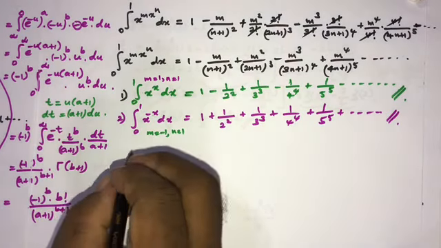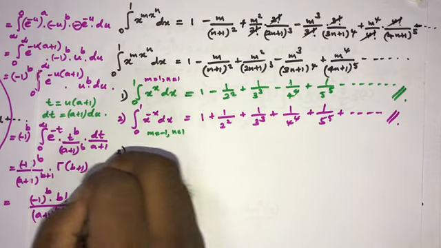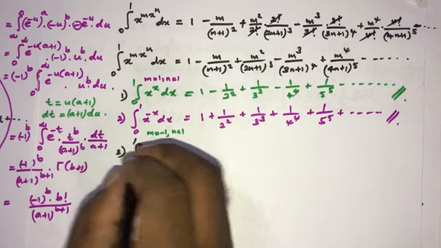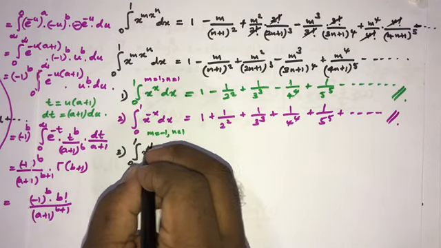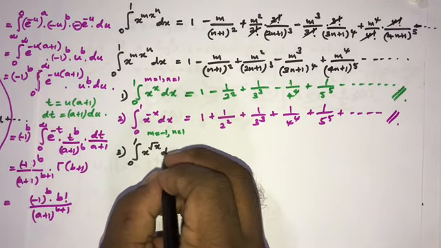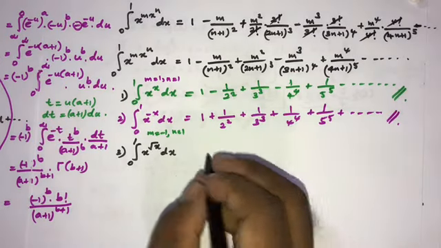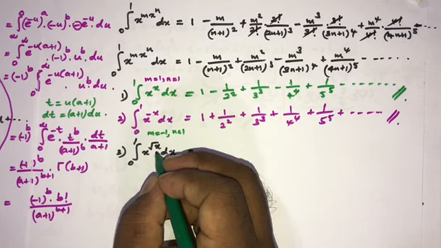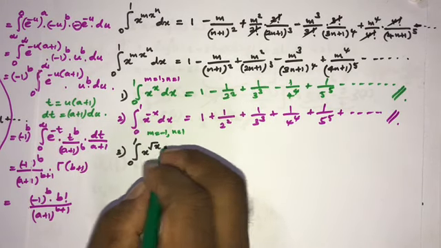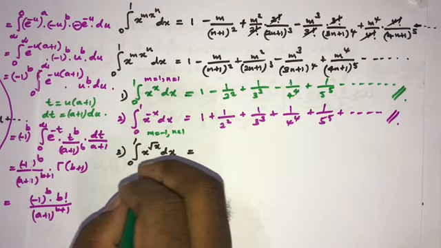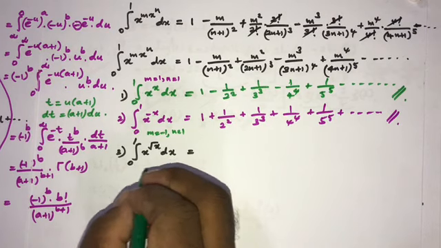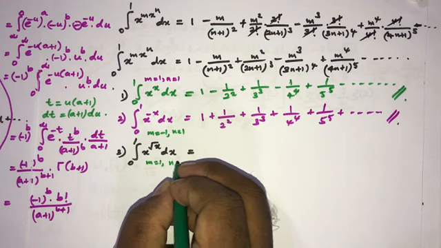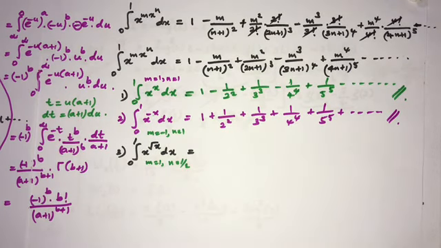And now the third integral, 0 to 1 of x raised to the square root of x dx. Also, we know x raised to the 1 half, so we can write m is equal to 1 and n is equal to 1 half.